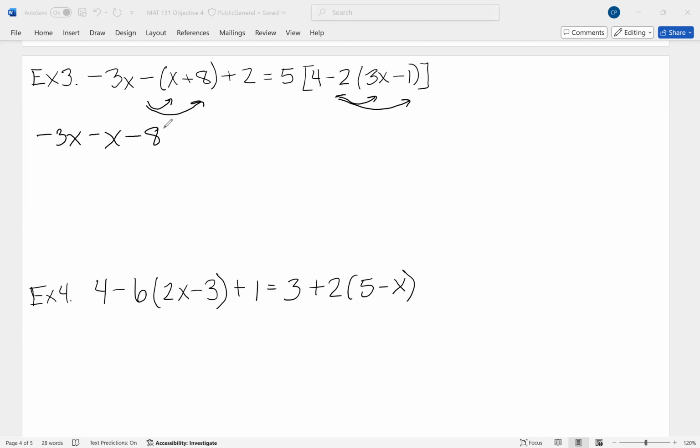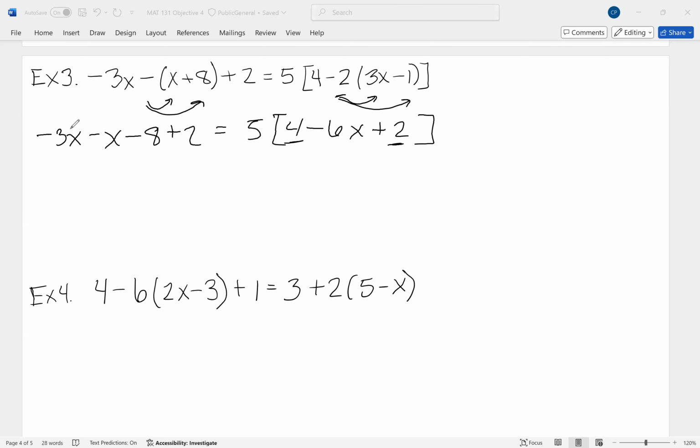So on this left side, we can go ahead and distribute that negative. On the right side, again, we're going to have to keep simplifying this until we get the brackets fully simplified. So after we distribute that -2, we need to combine these like terms.